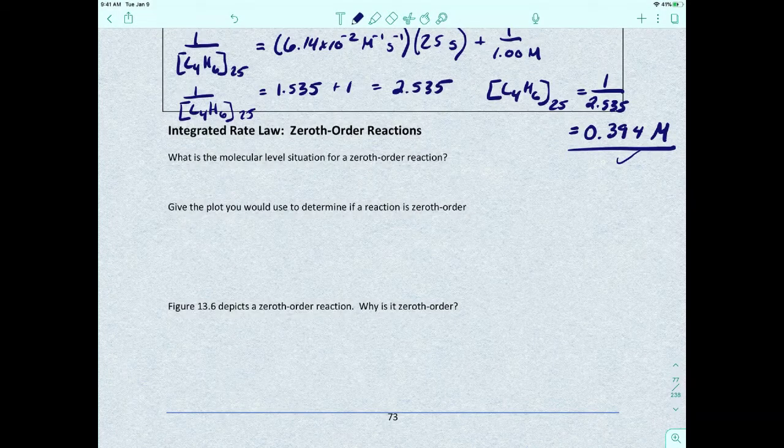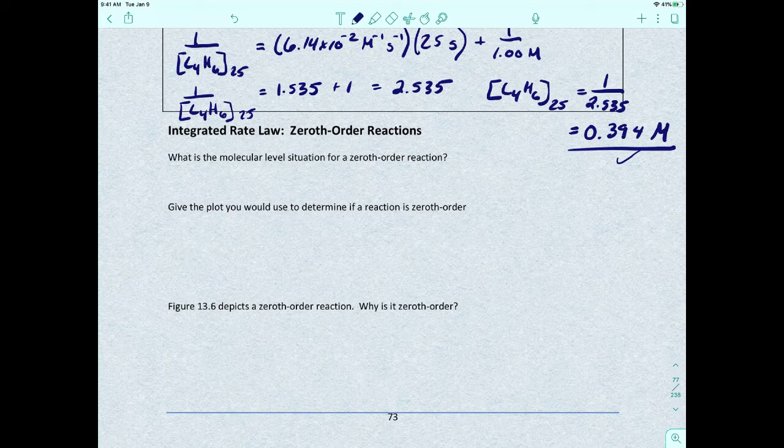Before we transition to another topic that is connected with kinetics, let's take a look at the zeroth order reaction. What is a molecular level situation where something like this could occur?